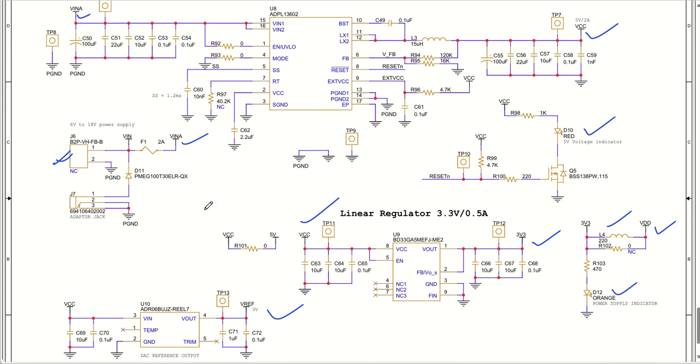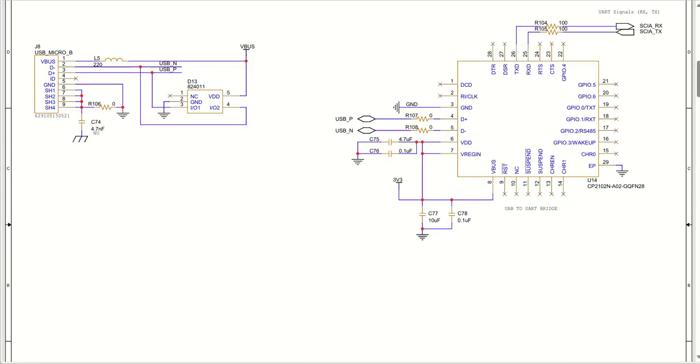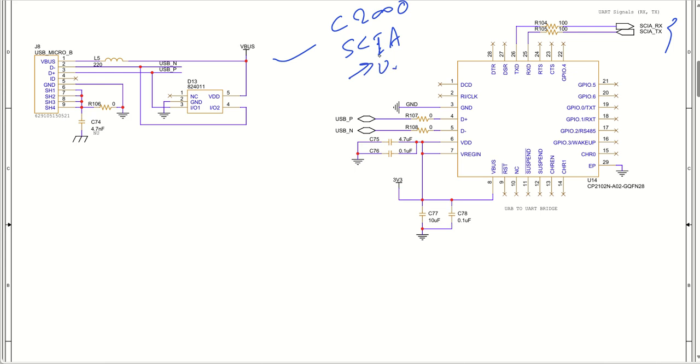Coming back to the other part of the circuit, one more part was there, which was UART to USB. The UART signal here comes from the C2000 series microcontroller, where we have the SCIA pins that are capable of UART functionality as well.